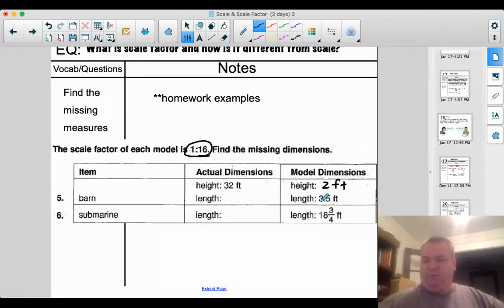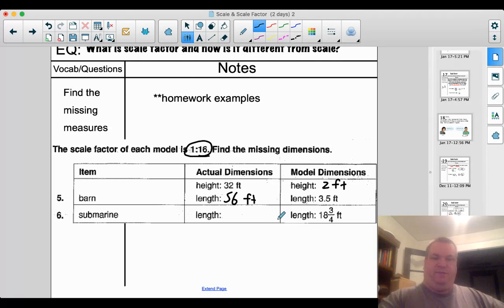So 3.5 times 16, I get 56. So in these examples, if you're given the actual dimensions, just divide by 16. If you're given the model dimensions, just multiply by 16.